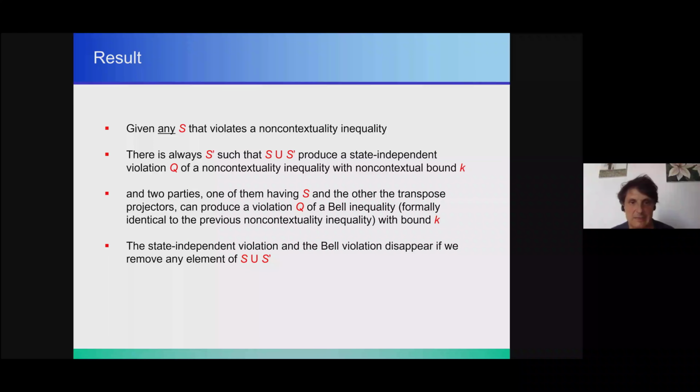Moreover, both the state-independent violation and the Bell violation disappear if we remove any element of the set.